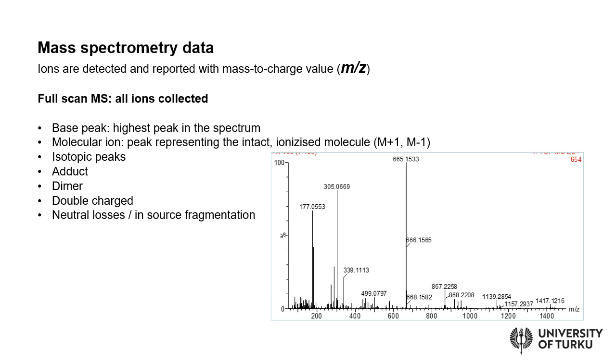Or it can be double charged, as I already mentioned, but also the component can have a phenomenon called neutral losses or in-source fragmentation. In these cases, typically the molecule is not kept in intact form, because it is very sensitive, and for that reason it is degraded somehow during the analysis.